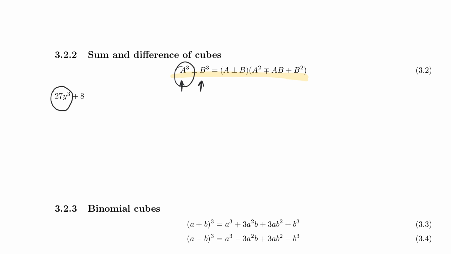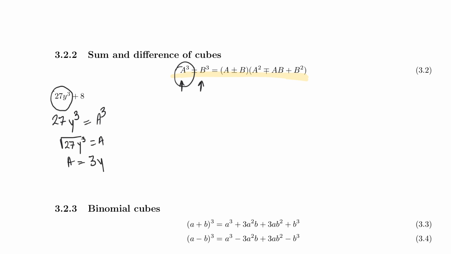We say 27y³ is equal to A³. Then we just take the cube root of both sides, and A is equal to 3y.